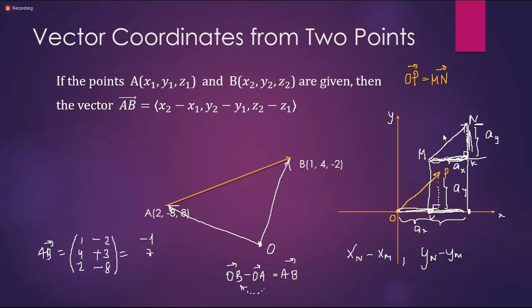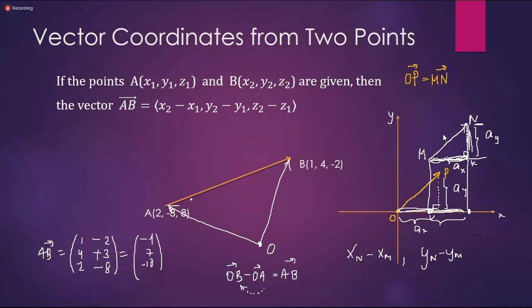And so we have 1 minus 2, that's minus 1, we have 4 plus 3, that's 7, and we have minus 2 minus 8, that's minus 10. And that would be the coordinates of AB. So subtracting the coordinates of B minus A. From B, subtract A coordinates.